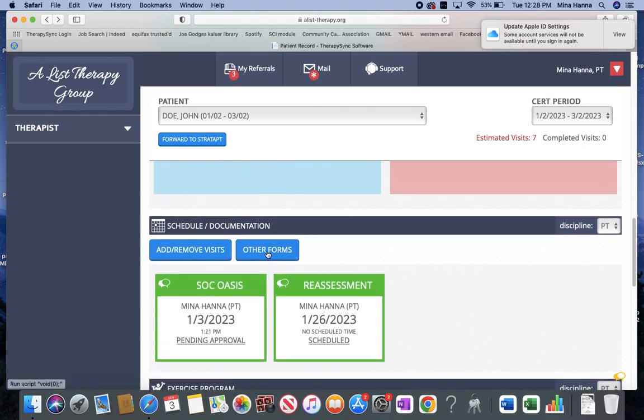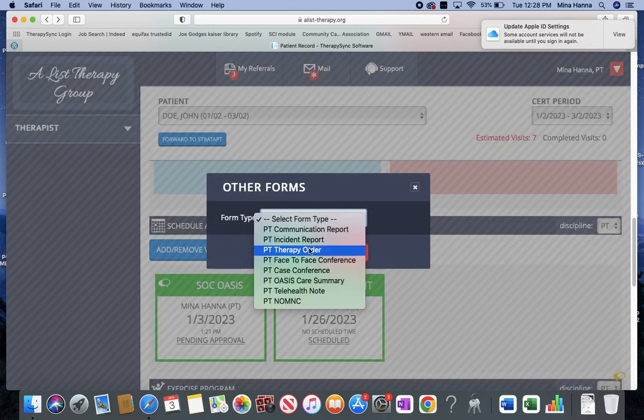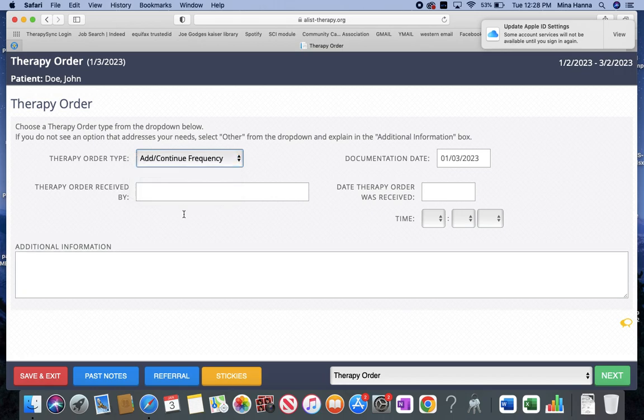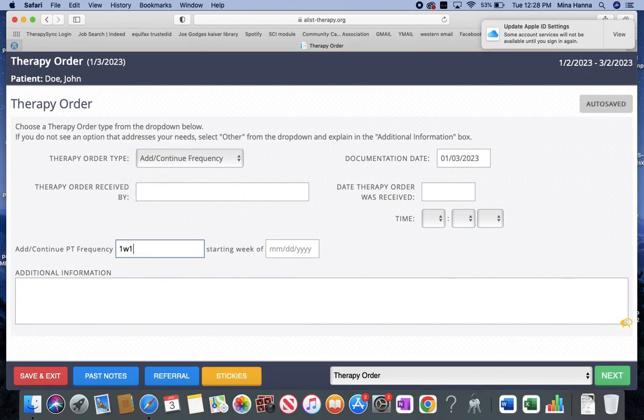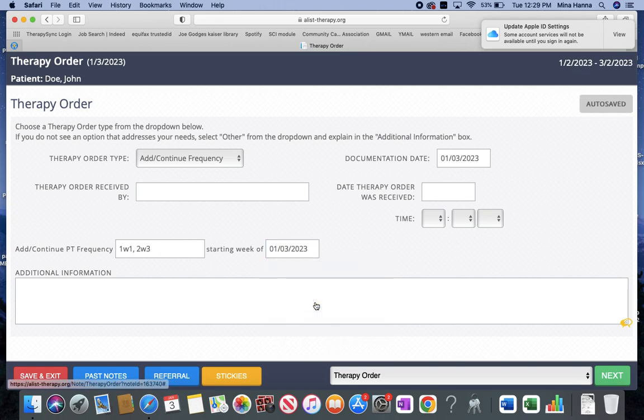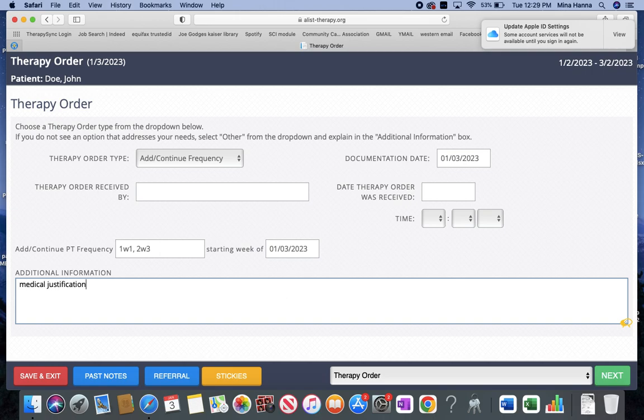And the last thing that you would do for the specific patient, based on your recommendation, right? You're gonna write a therapy order, and that's when you do something like this. So I think we used the 1 week 1, 2 week 3 example, and our eval, our start of care was today. And then you can put a medical justification of why you're giving this person PT.